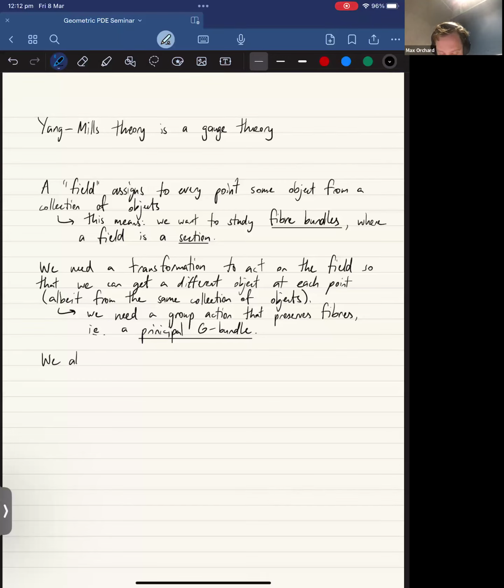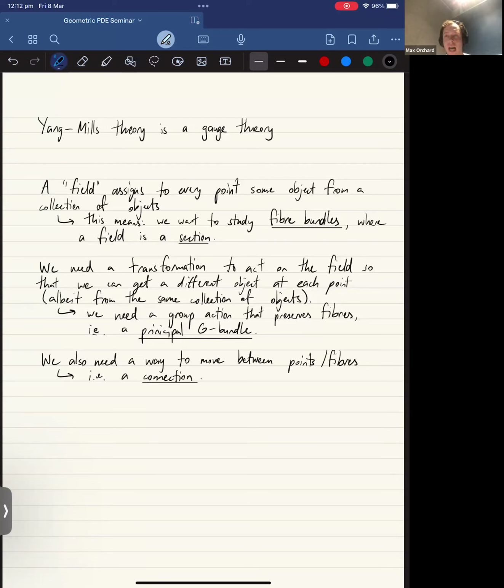We also need a way to compare between points and fibers, and the object that we want to study is called a connection.